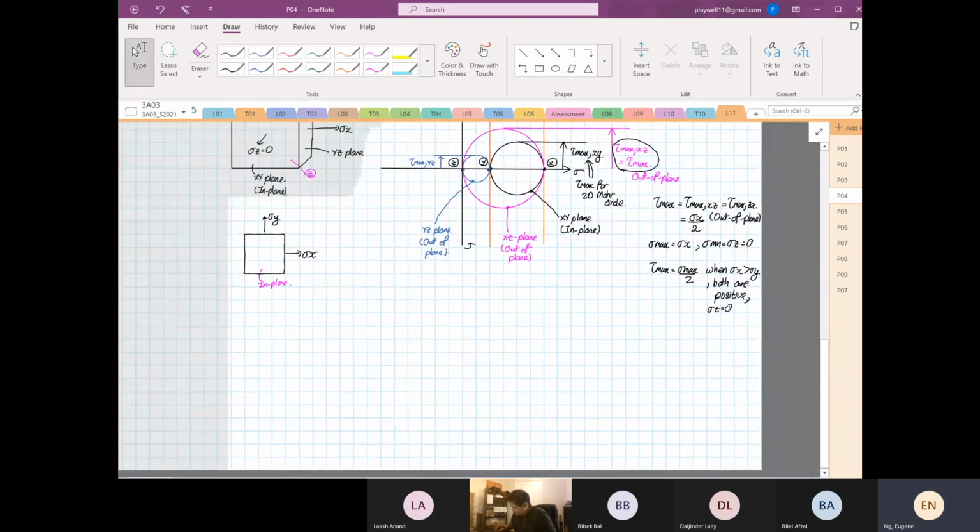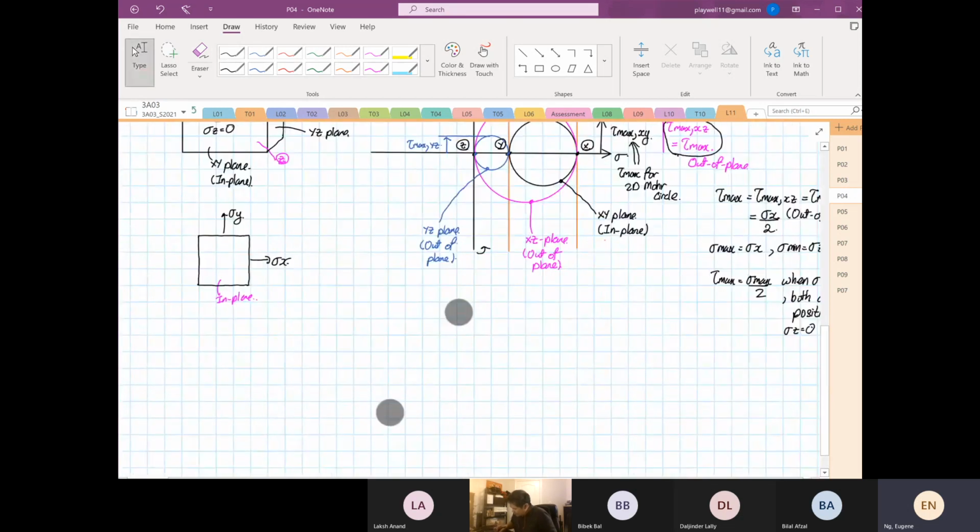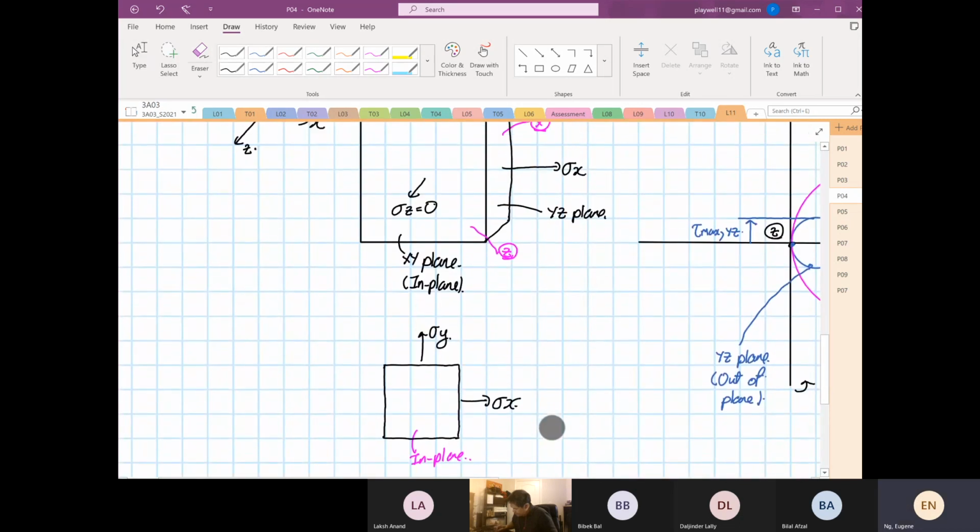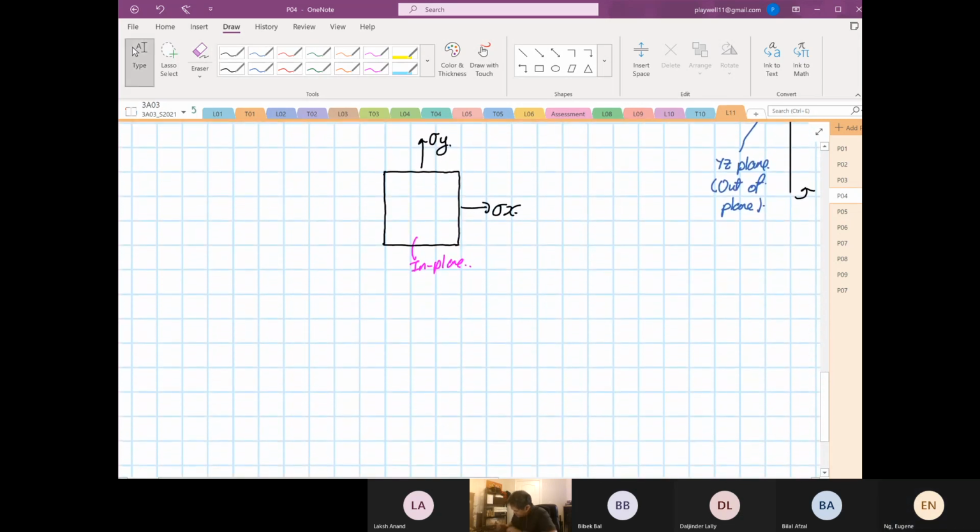Now let's look at another condition. So the next condition that I'm going to draw, I'll do the same, X, Y, and Z. Now for the next one, where stress X is positive, stress Y, oh, I have to write condition number 2.